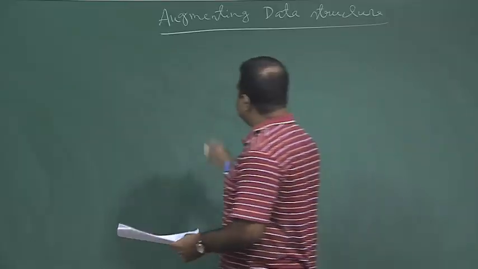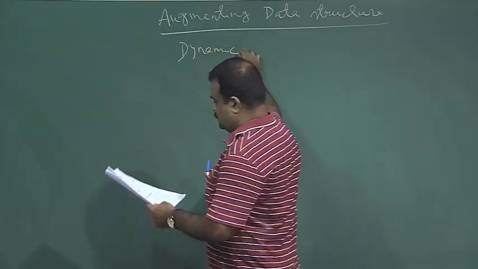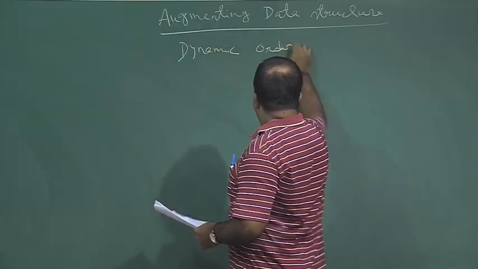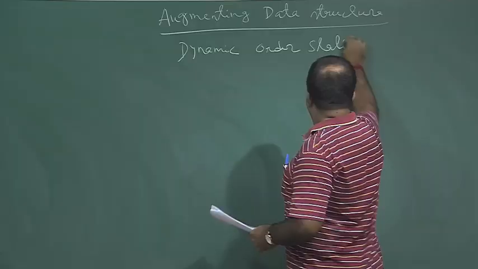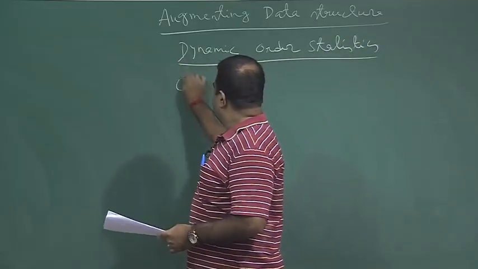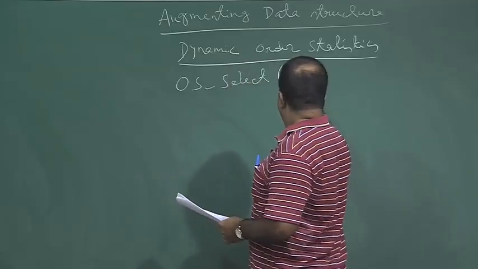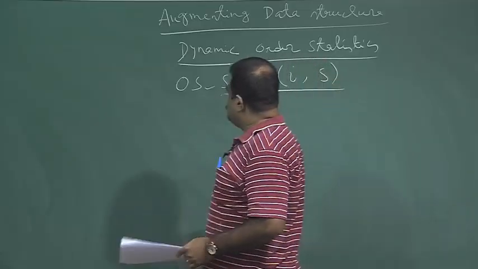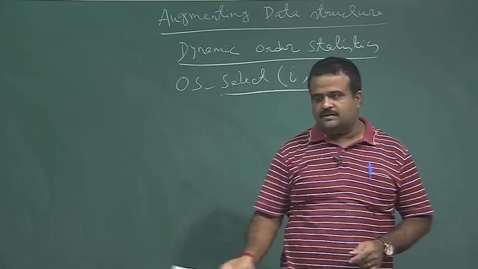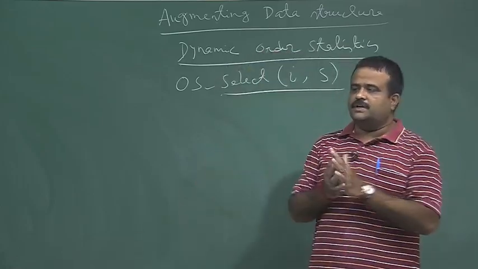One is dynamic order statistics, that means OS select. We know the select, we know the order statistics; it is basically finding the ith smallest element in a given input.